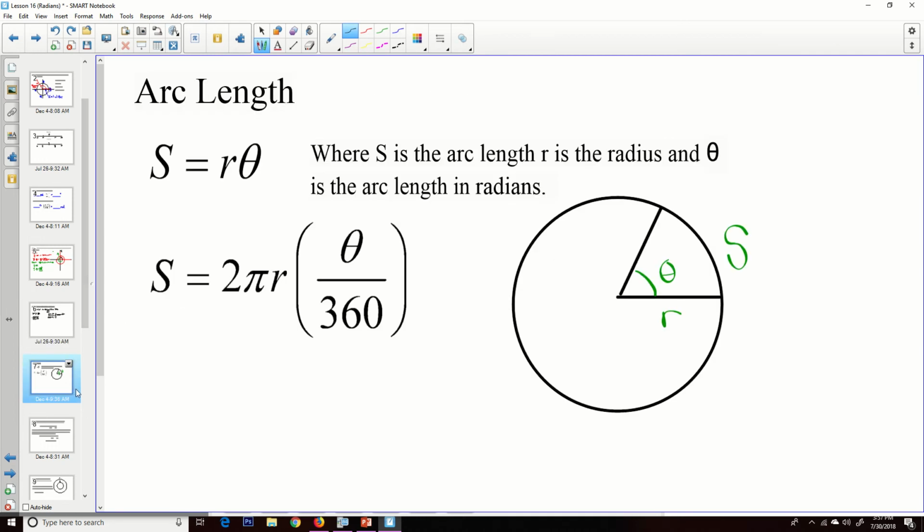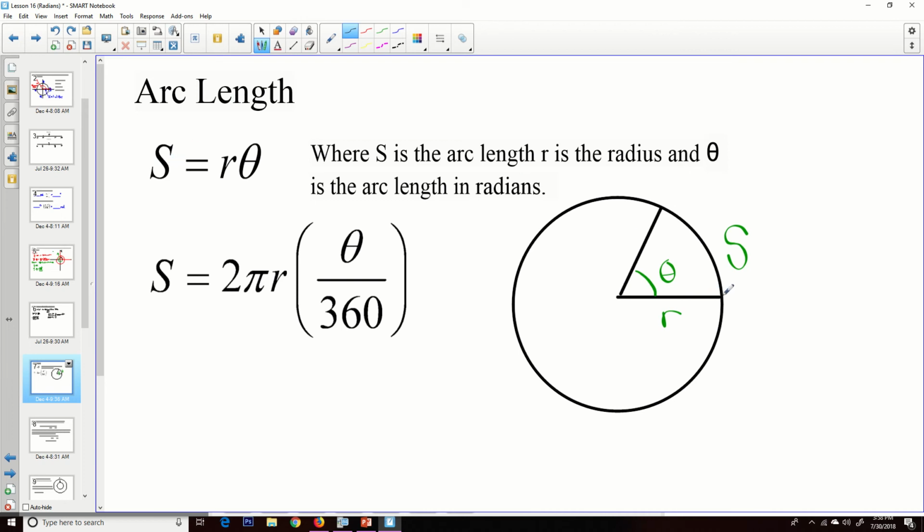All right, arc length. A portion of a circle is its arc. And so when theta is in radians, our arc length S is determined upon the central angle, theta, and our radius. So we just multiply those two together. Now, here's where the relationship between radians and circumference comes in.